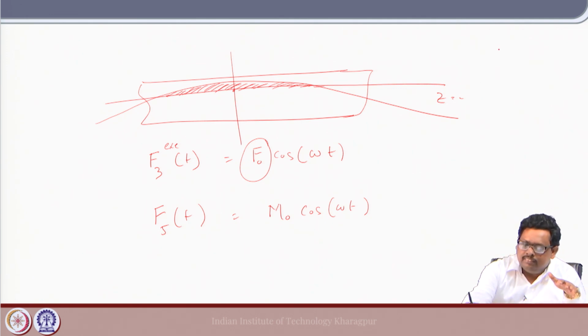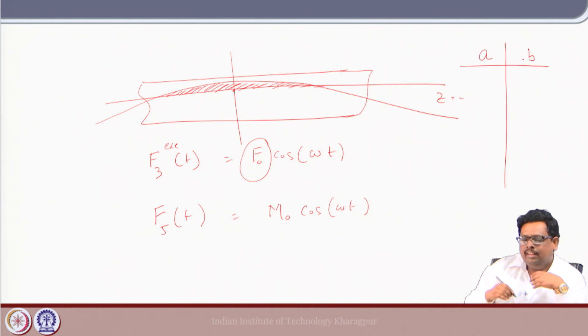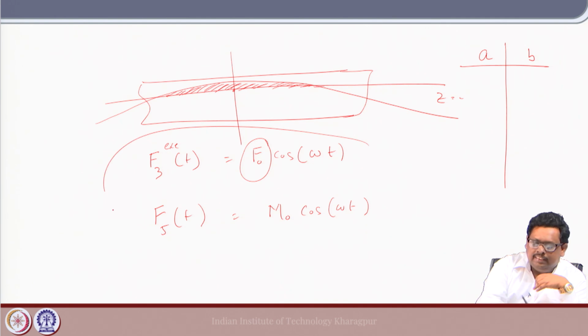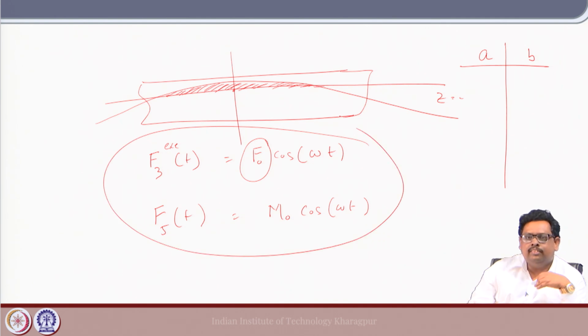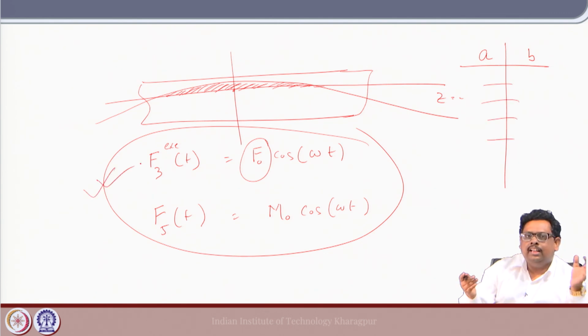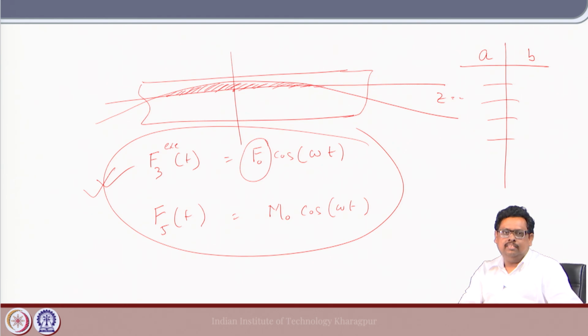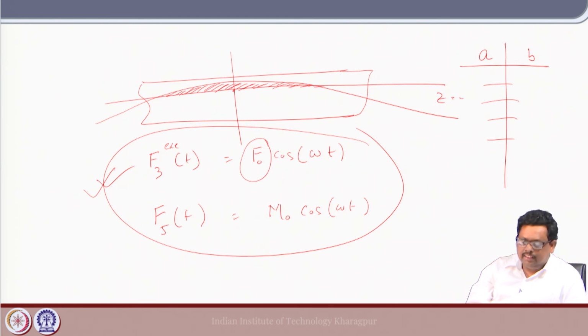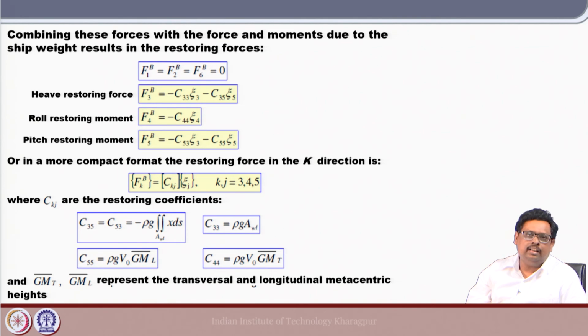So, the idea is you get the added mass A and B from the chart, and then you calculate this exciting force, and then you write the strip theory code. The chart is available for you, and then you are ready to write the strip theory code. Okay.